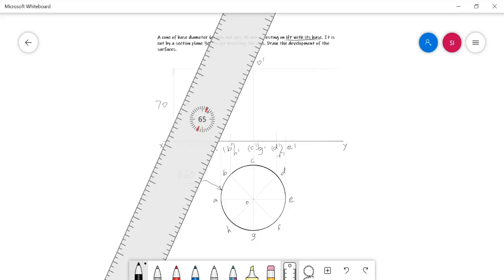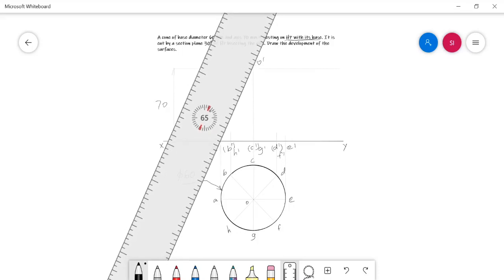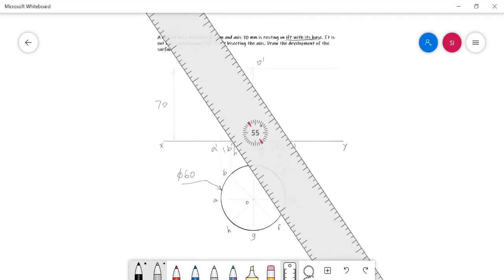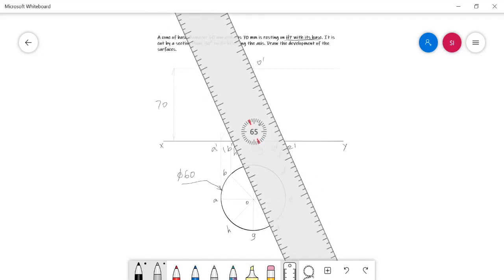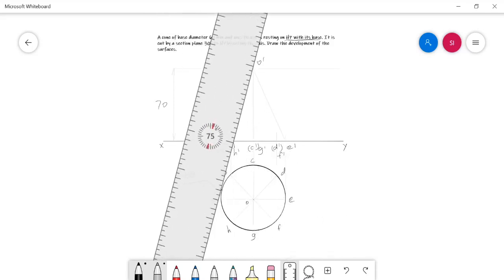Let me connect the generators. Before sectioning the solid we don't have an idea which portions will be the retained portions and the removed portions. So first I need to draw everything with a 2H pencil with very mild darkness.